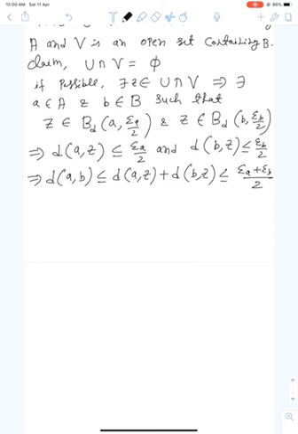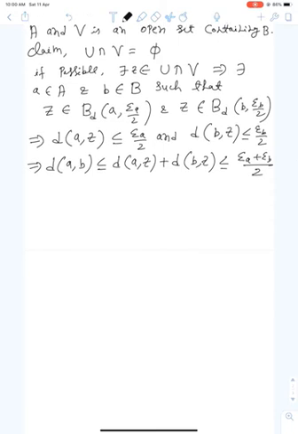Right? Now we have two possibilities between epsilon A and epsilon B. Now if epsilon A is less than or equal to epsilon B, that will imply d of a b is less than or equal to epsilon B. Right?